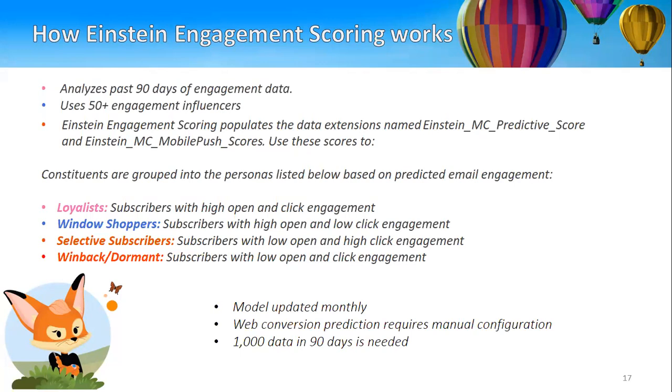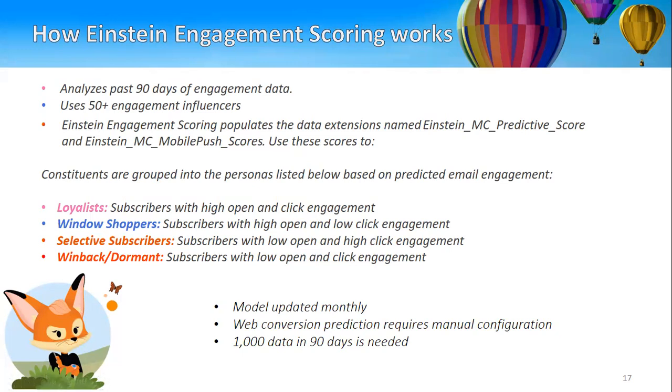Based on the subscriber's past 90 days of engagement, Einstein will automatically analyze whether they should go into the loyalist group, or window shoppers, selective subscribers, win back, or dormant. As you can see, what loyalist is, what window shoppers are, and what selective subscribers are, everything is mentioned here, so you can understand it directly from the sentence.